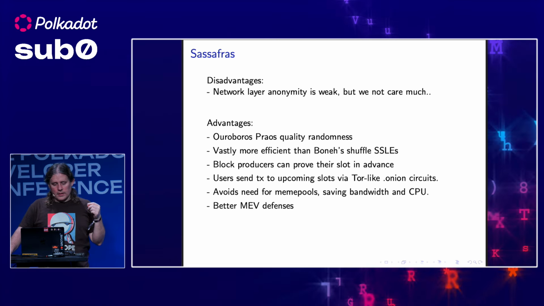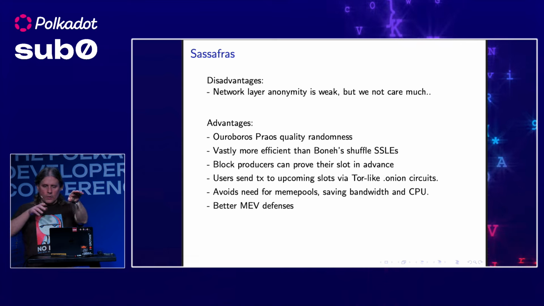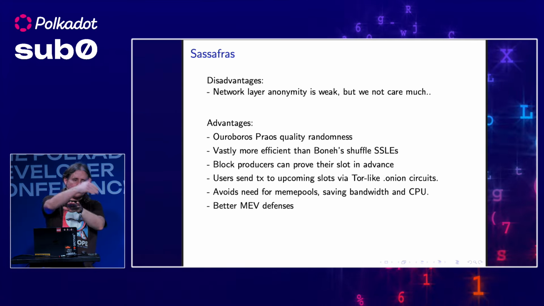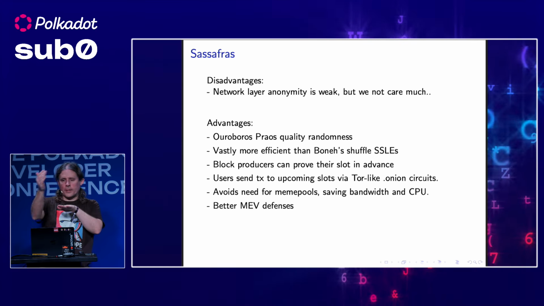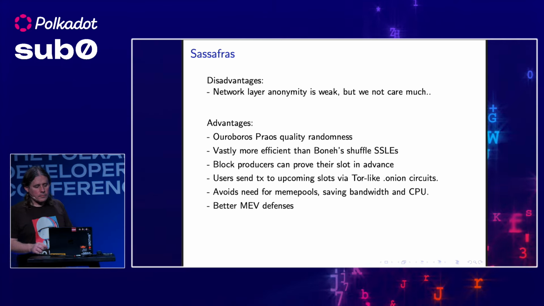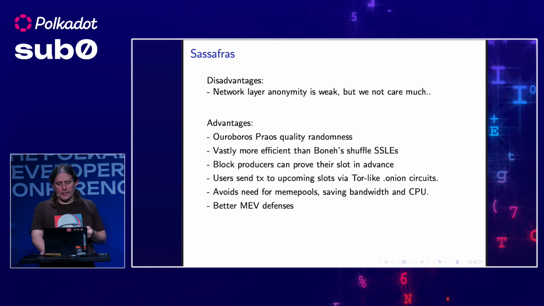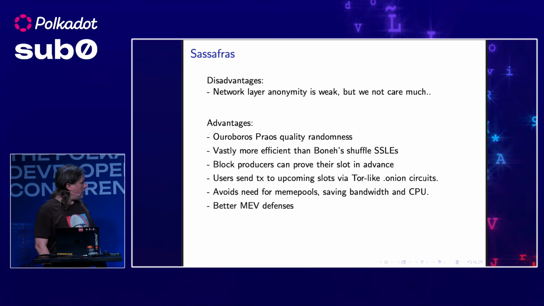That's a pretty nifty feature, because that means you can do AMMs and other things where the users are just negotiating on that one upcoming collator and literally doing it interactively. And so then there's no mempool, which solves a bunch of problems. And in principle, there are some better MEV defenses that come out of it.